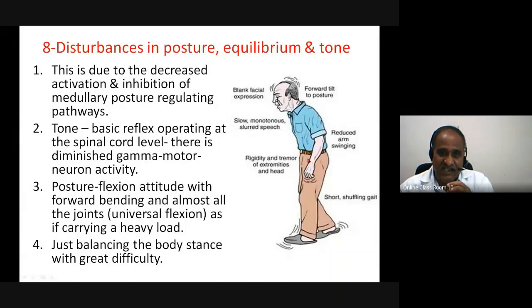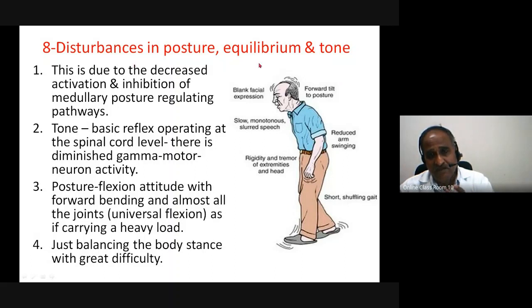Almost all joints are in flexion, that is universal flexion, as if he is carrying a load on his back, just balancing to hold on to this posture or stance with great difficulty, as if he is trying to look at the center of gravity. That is the picture of posture, equilibrium and muscle tone.